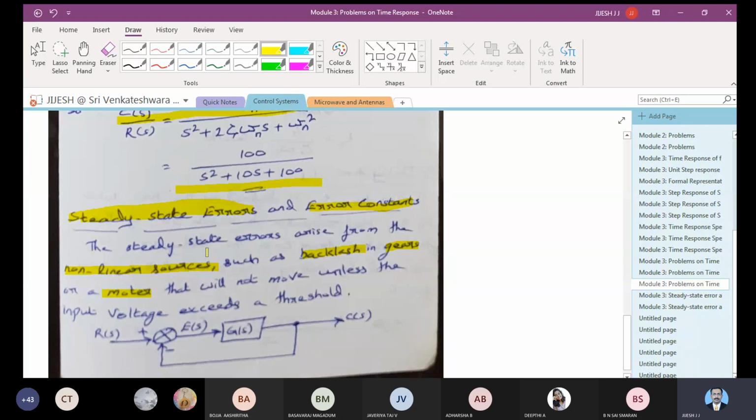When you slightly optimize some of the parameters, you can see that, when you take the transfer function, it basically depends on zeta and omega.